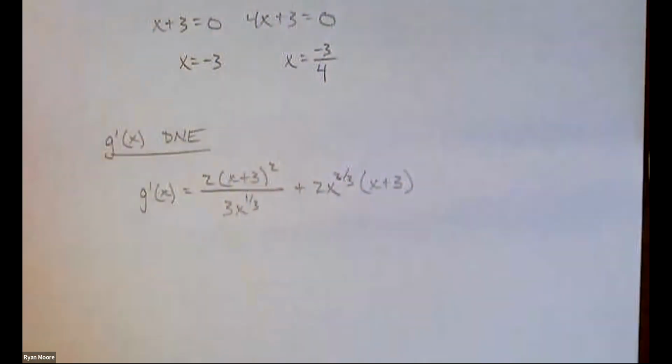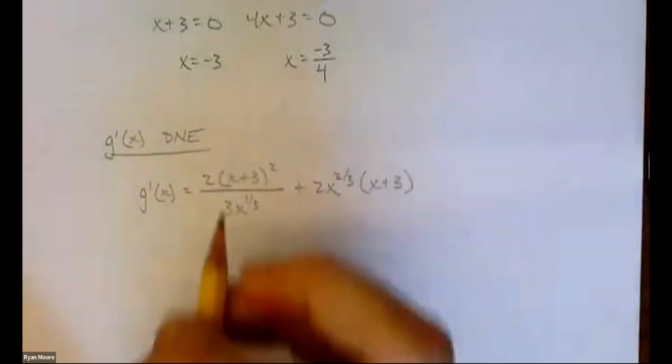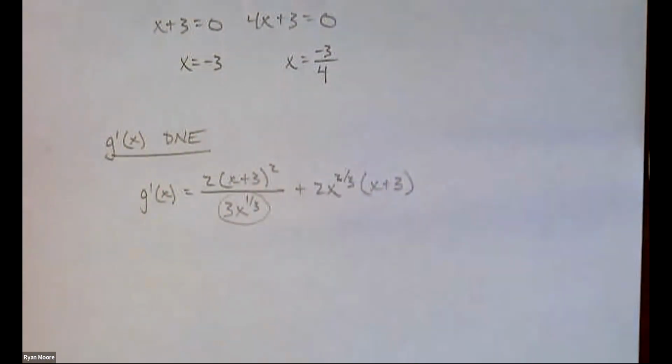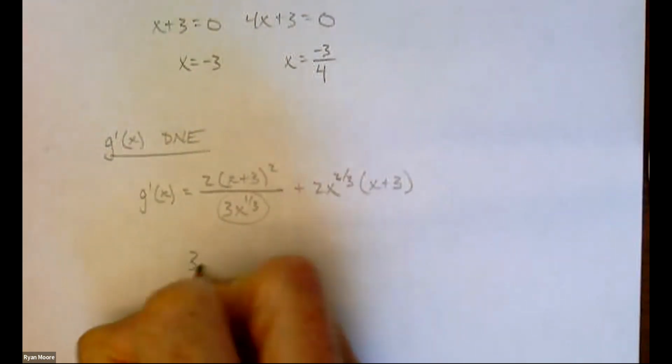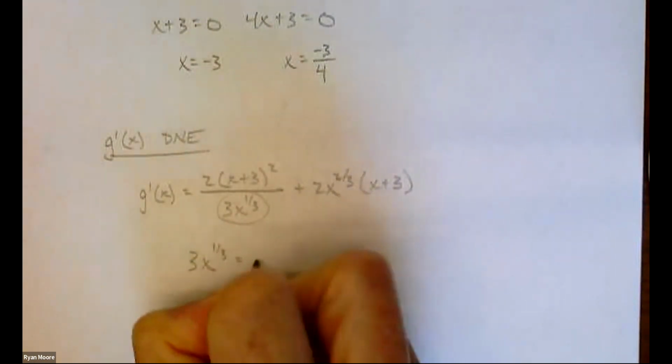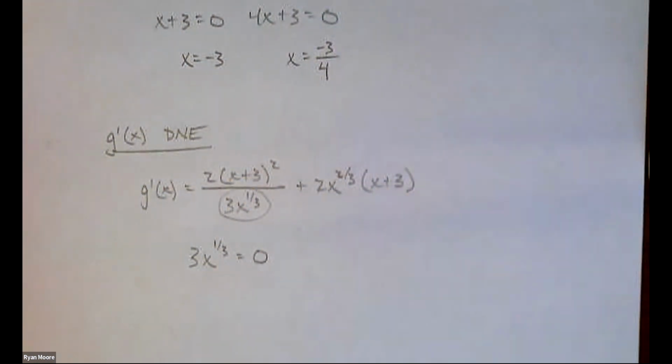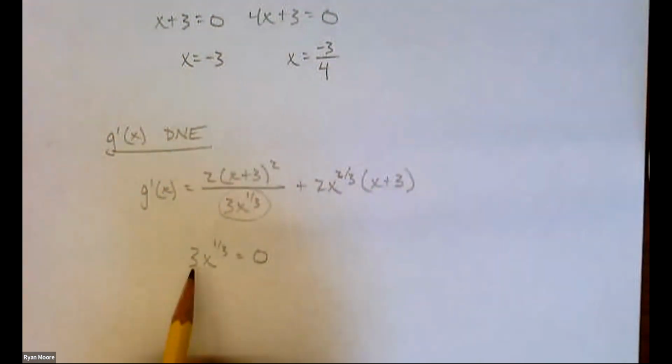Okay. Think, well, what could happen that would cause this derivative to not exist? You think if this denominator right here, if that was equal to 0, right? If 3x to the 1/3 equaled 0, then our denominator would be undefined. Well, that's not too bad to solve, right?